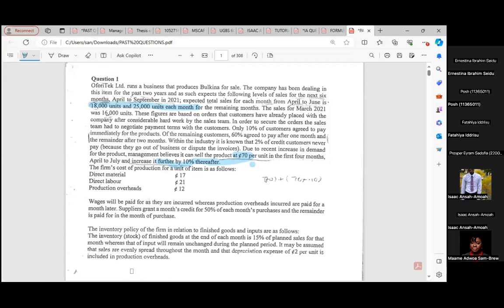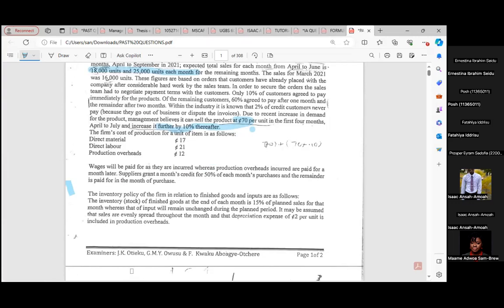The next paragraph says that the inventory policy of the firm in relation to finished goods and input is as follows. Stock of finished goods at the end of each month is 15% of planned sale for that month.